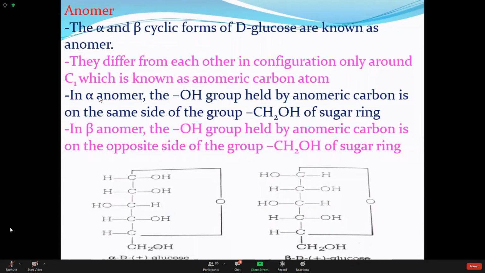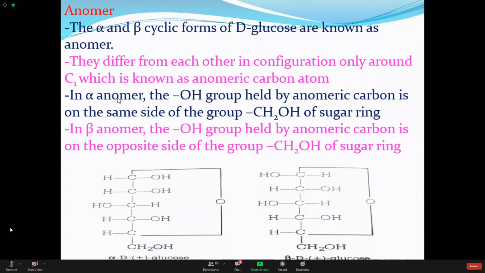this is called an alpha anomer. Am I clear? So have a look at what is written here.